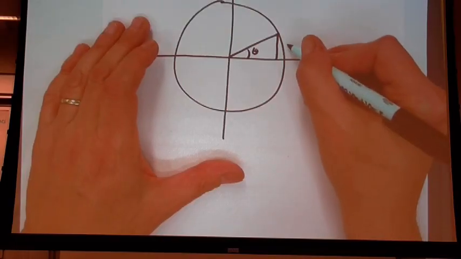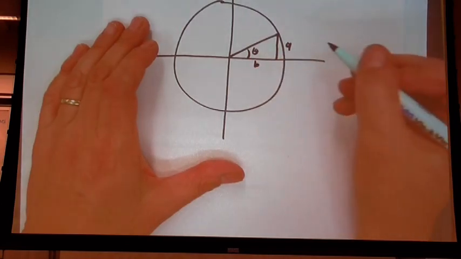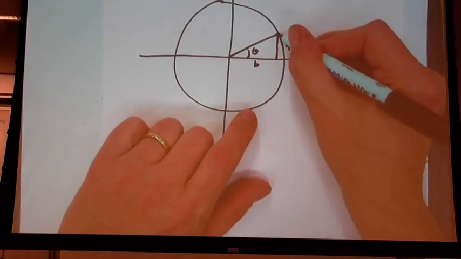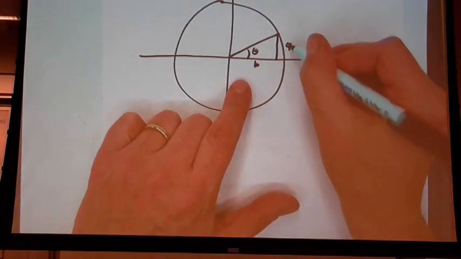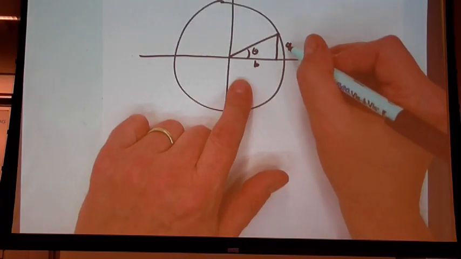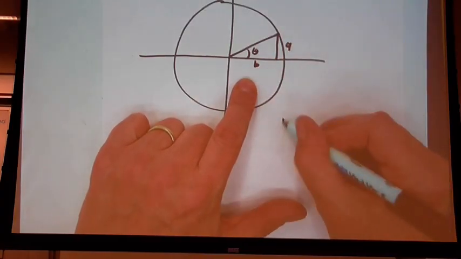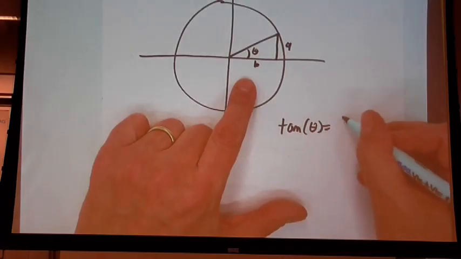Let's say this length is A, this length is B, and this is the sine and this is the cosine. So the tangent of theta is A over B.